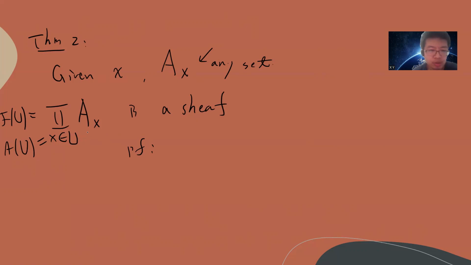The only thing you need to prove is that if sections agree on an intersection, there must be a section which comes from the product. So we need to define a restriction map.